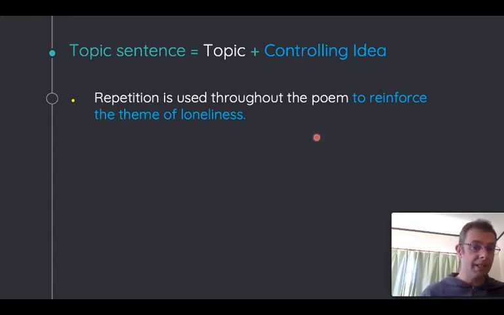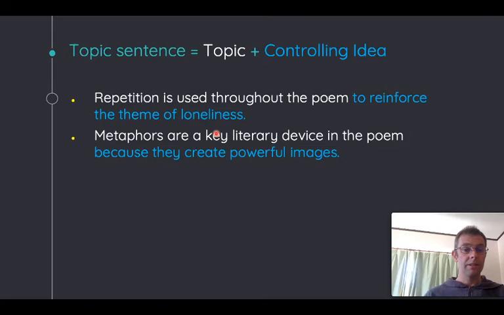Now let's just imagine that we're analyzing some poetry, and here we've got repetition is used throughout the poem to reinforce the theme of loneliness. So repetition is the topic, and reinforce the theme of loneliness is the controlling idea. So this paragraph is going to be all about repetition and how repetition reinforces the theme of loneliness. All right, here's some other examples.